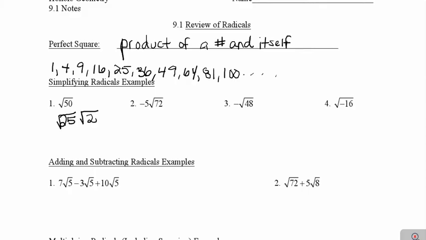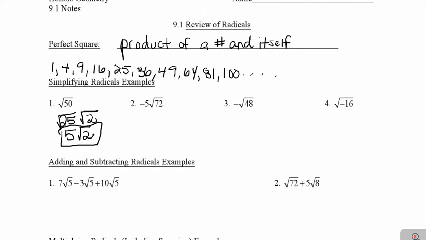The square root of 25 is just 5, and that 5 comes outside of the square root, since it is a perfect square number. I can't simplify the square root of 2, so I leave it underneath. So the square root of 50 simplifies to 5 square root 2.